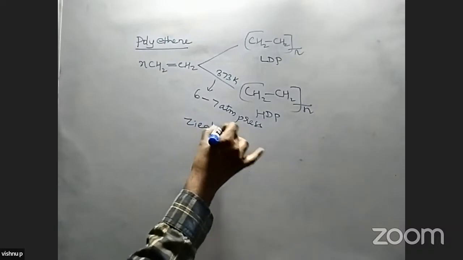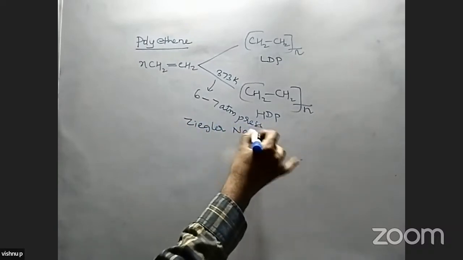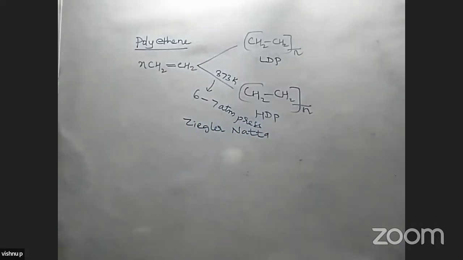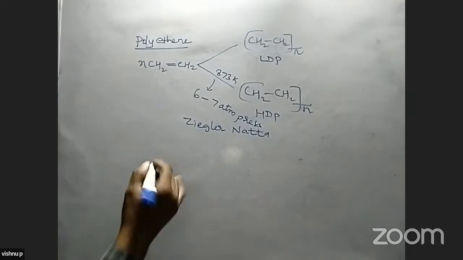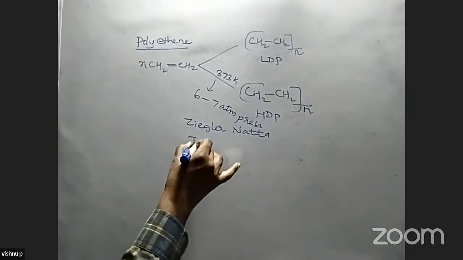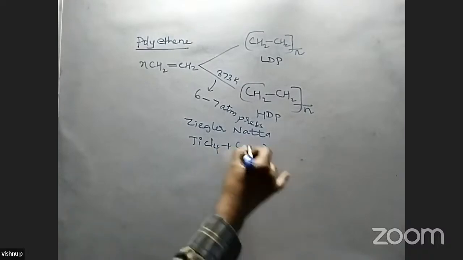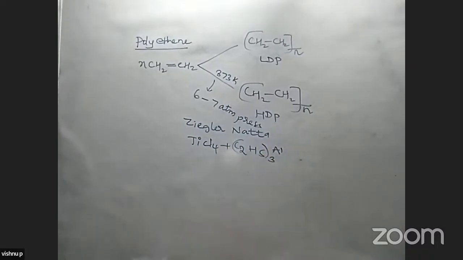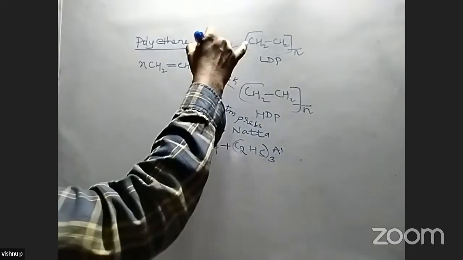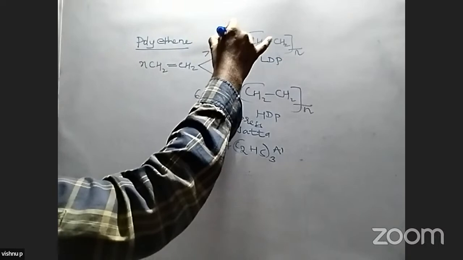And we use a catalyst, Ziegler-Natta catalyst, in the preparation of high density polythene. So what is this Ziegler-Natta catalyst? Titanium tetrachloride and triethyl aluminium. This is called the Ziegler-Natta catalyst.